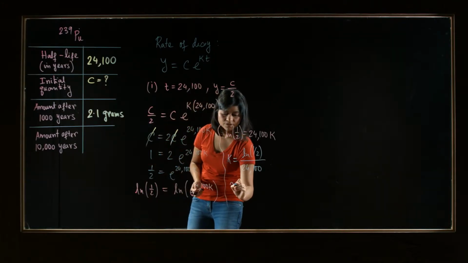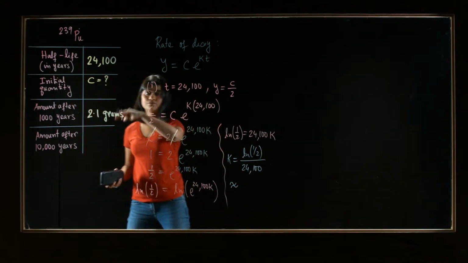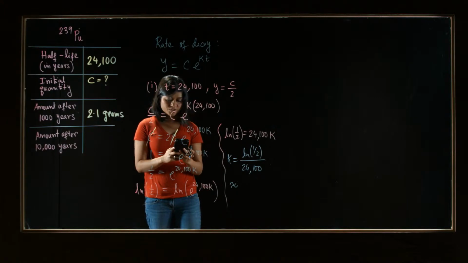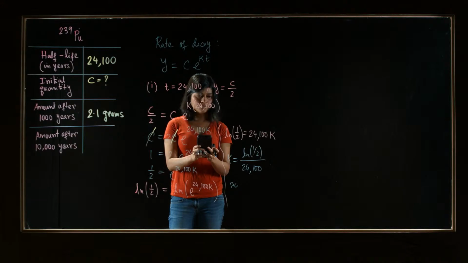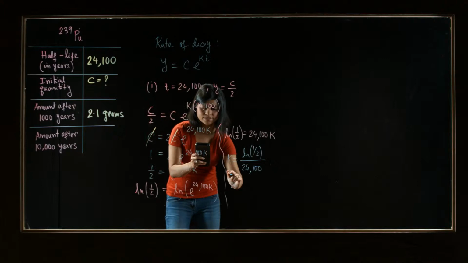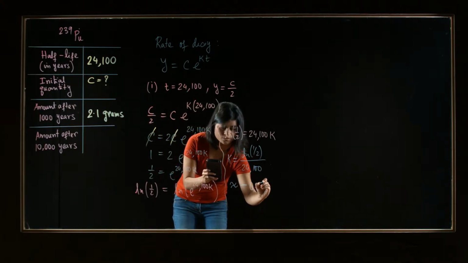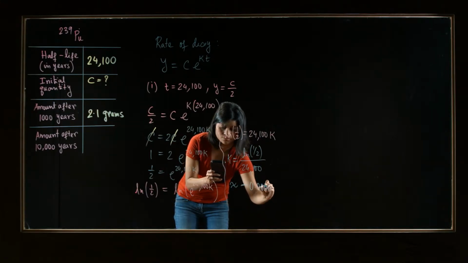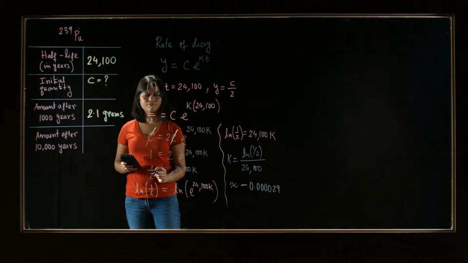Let's find the approximate value using a calculator, so it will be easier to compute the rest of the values. Natural log of 1/2 divided by 24,100 is approximately equal to negative 0.00002 9. So that's the value of k.